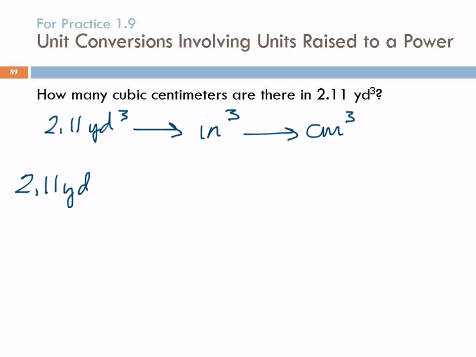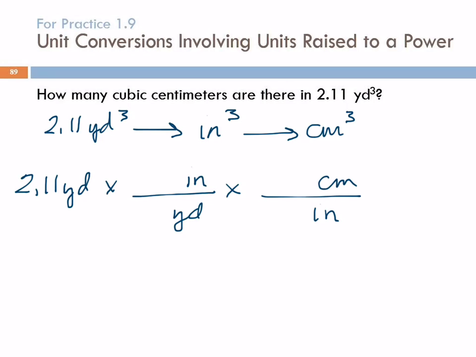What I'm going to do when I write out my equation here is I'm going to ignore the power, the cube, at first. And I'm going to go yards. I have 2 factors. It's going to be yards to inches to centimeters. And I'm going to have yards down here, and I'm going to have inches down there.